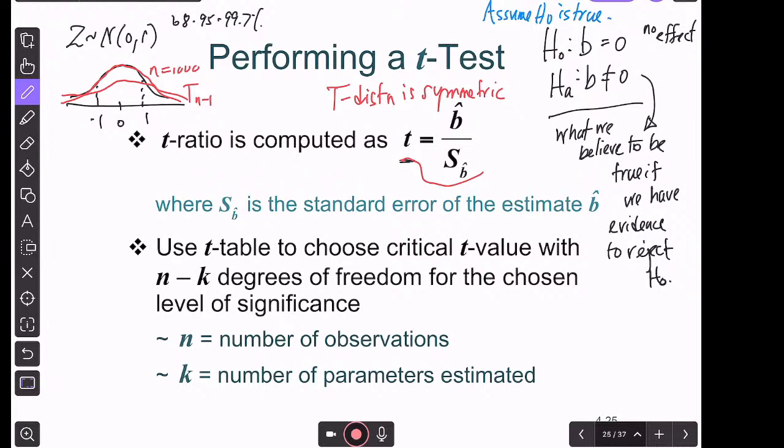Then we go get our sample and we get B, so we estimate B. This is our estimate of B. And then we check how different B is from 0. Is it the same or different than 0?